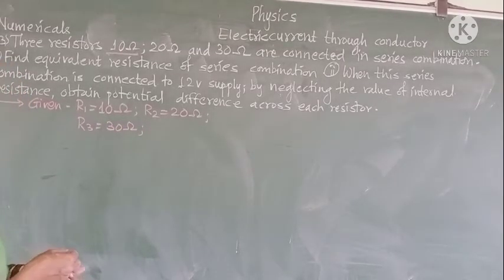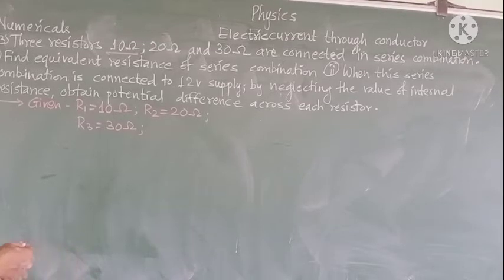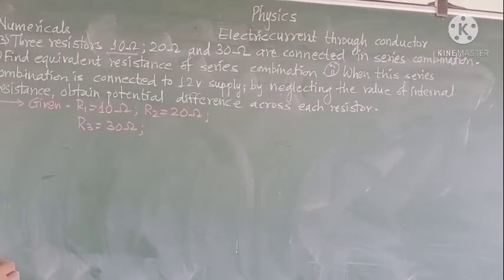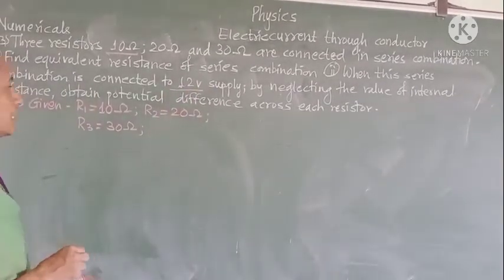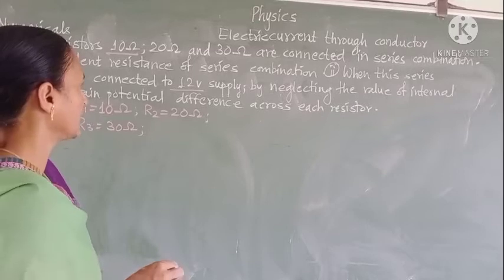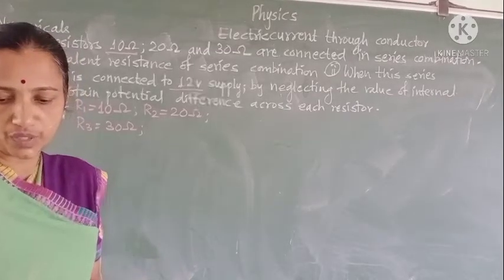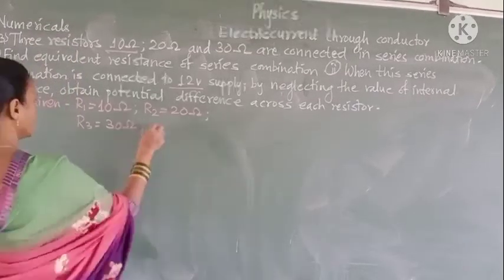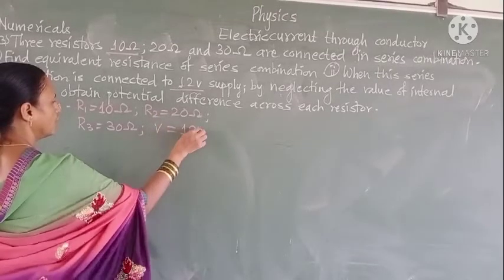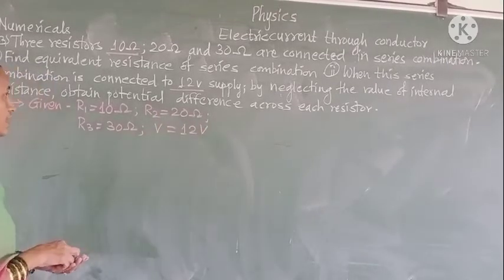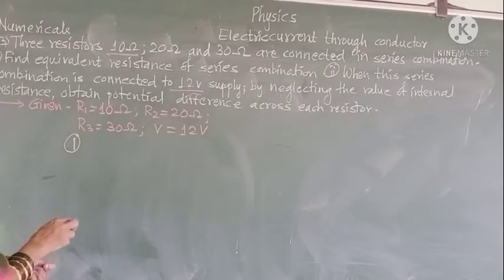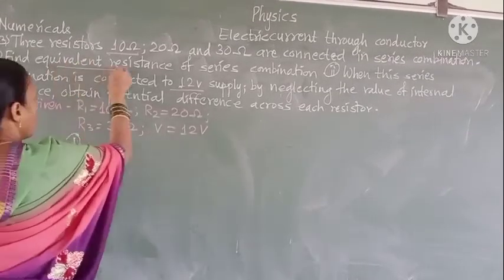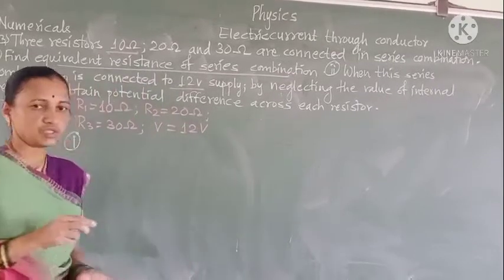This series combination is connected to a 12 volt supply, means the voltage given is 12 volt. First we have to calculate the equivalent resistance of the series combination.